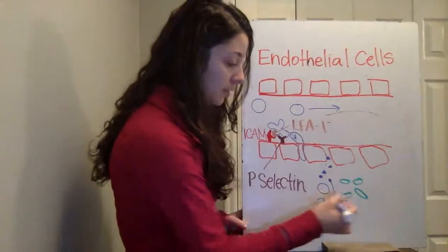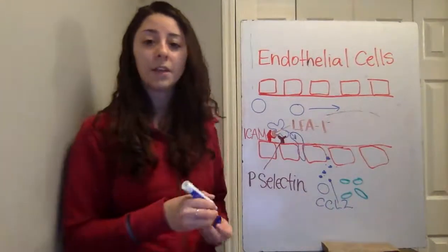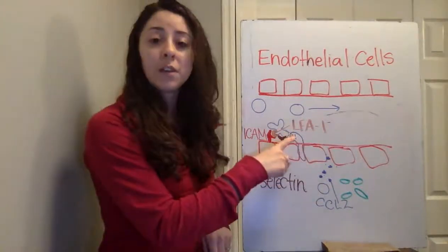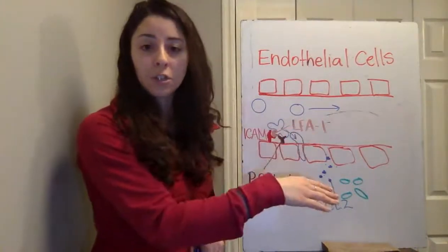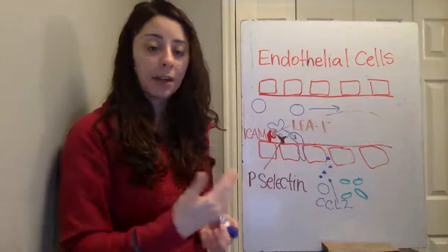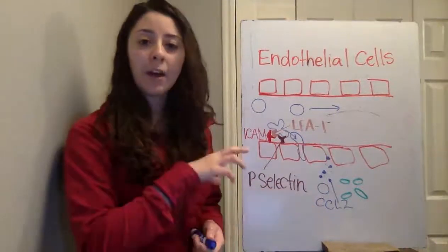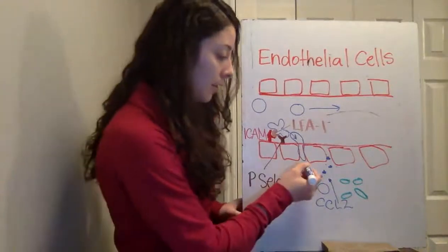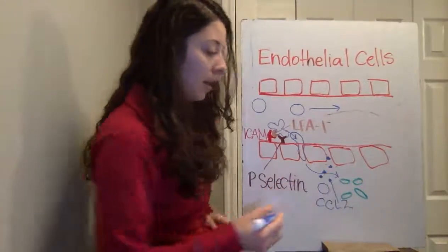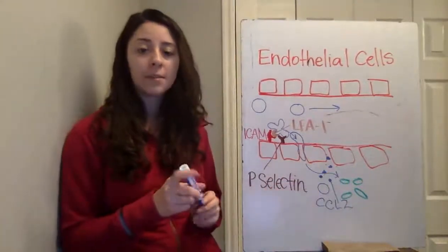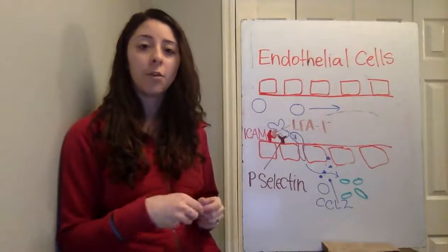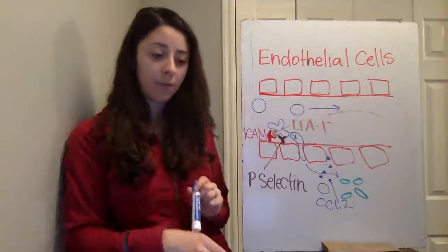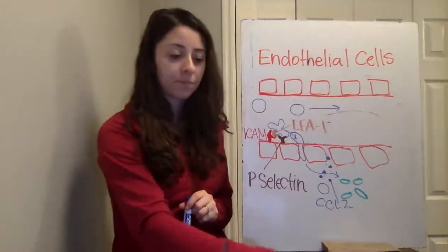CCL2 is a chemokine that is secreted by immune cells. And when the immune cells that are infiltrating the tissue sense or recognize that chemokine, that helps drive their migration to the location of the infection. And so that completes the process by which leukocytes go from the blood vessel and into a specific site of infection or inflammation.